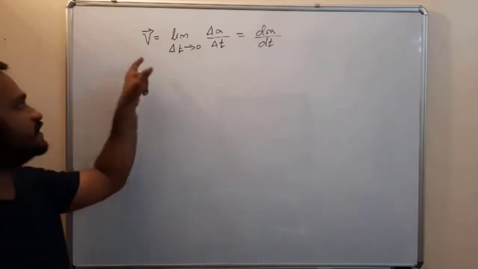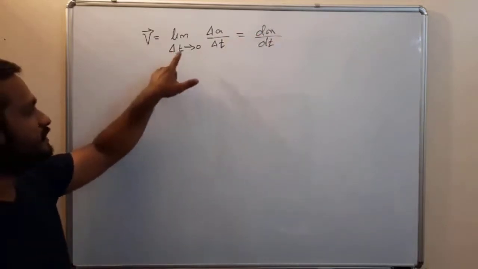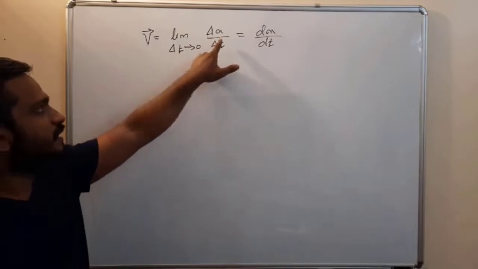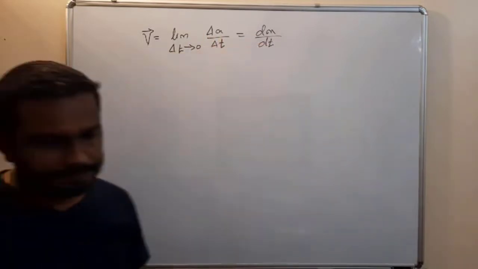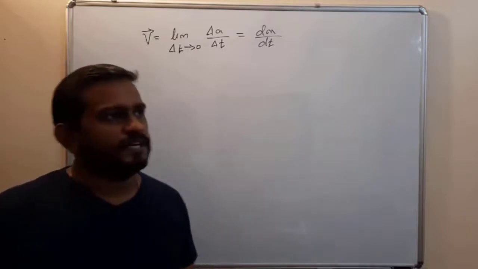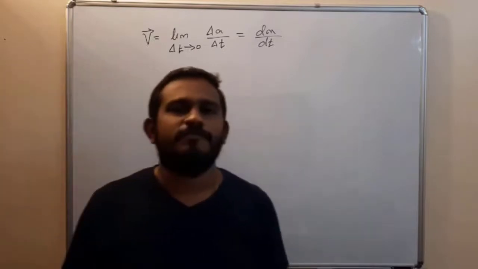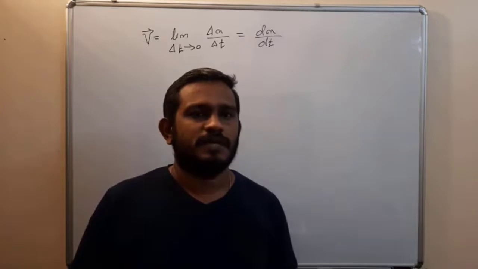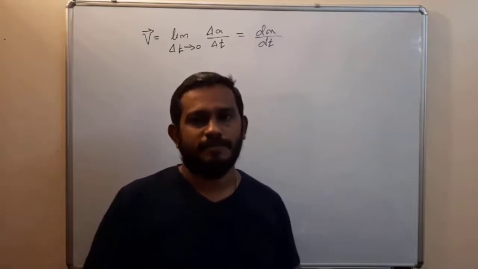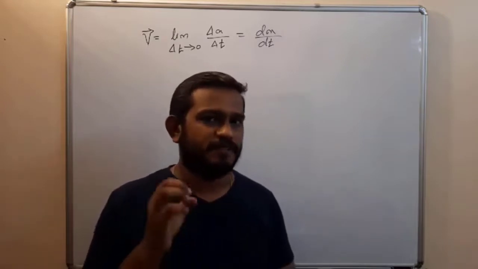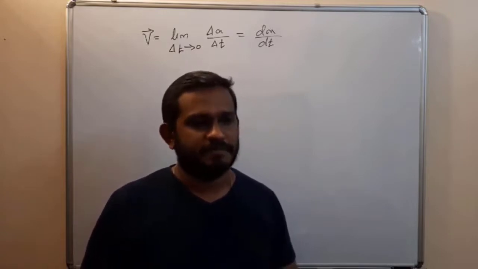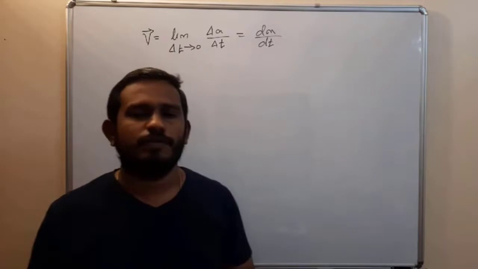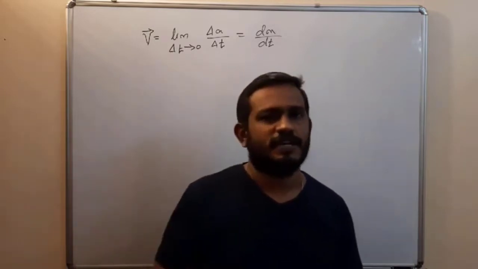In this topic, the first type of problem is that the displacement will be given in terms of time, as a function of time. So you will be asked to find the instantaneous velocity.